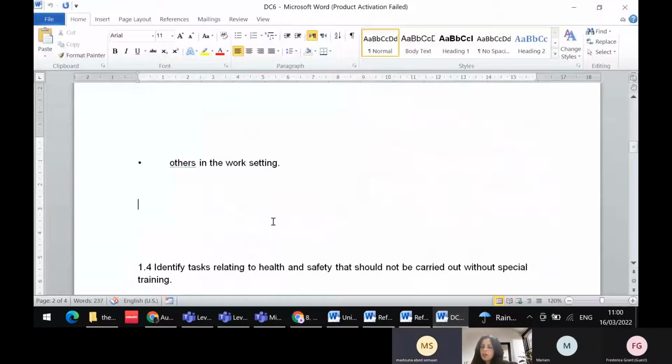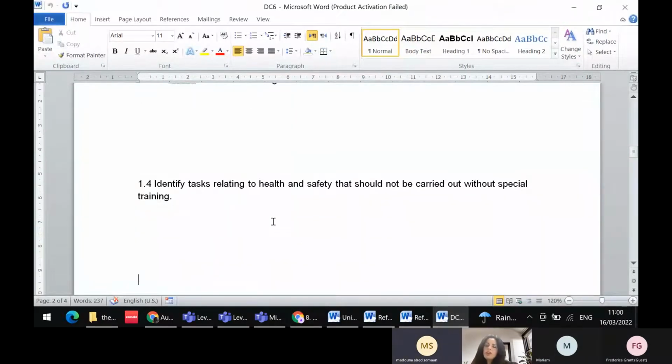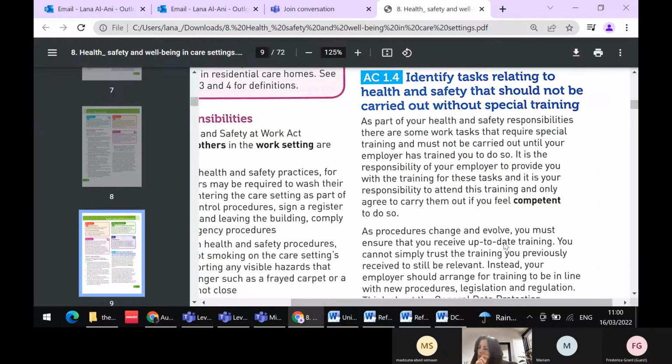Very good, thank you. So now 1.4, identify tasks relating to health and safety that should not be carried out without special training. So can you think about a specific task relating to health and safety, but you shouldn't do it without training?